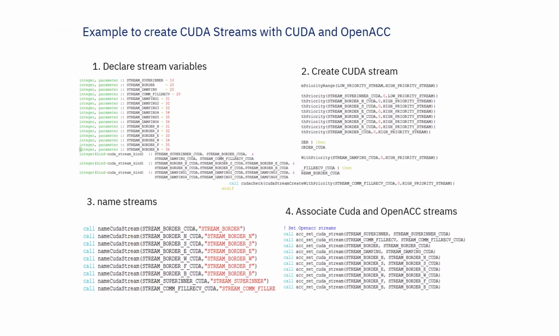So once you have created your CUDA stream, what you do is you associate, yeah, one good thing as well, and I will come back to that, is to also name your streams so you understand what it's doing. And once you have created all your CUDA streams, you can associate a CUDA stream with ACC. So it's one of the key optimizations that we have been using for fine-tuning the application at the end.